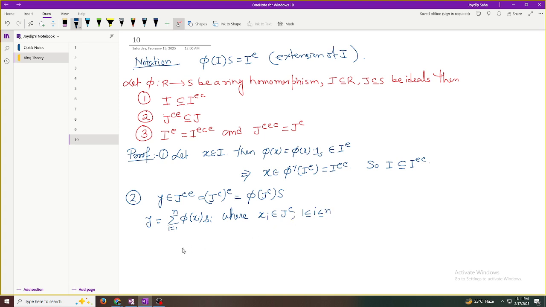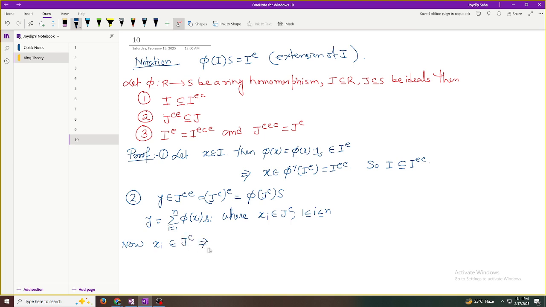If you have any query and question, then ask me. This implies y can be written as this sum. Now xi belongs to J contraction.